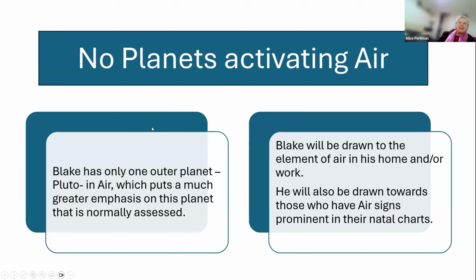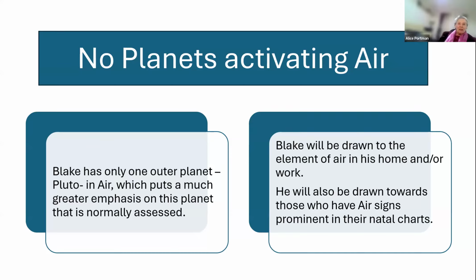No planets activating air. Now here comes Blake. Oh, Blake isn't here. Sorry, he's Tara's partner. I sent it because Tara and Blake, she's got no fire and he's got no air. She's very airy. She's got sun and moon in air, and he's got his sun and moon in fire.